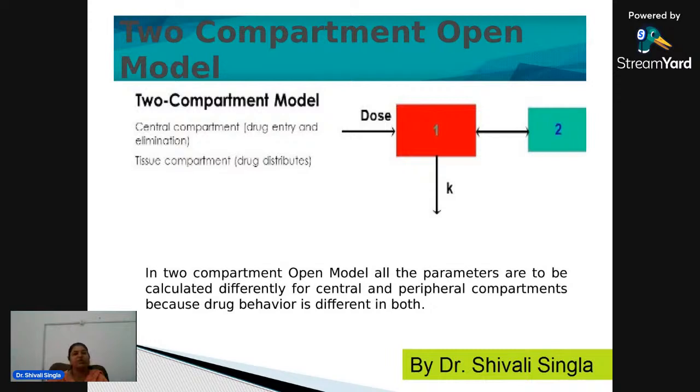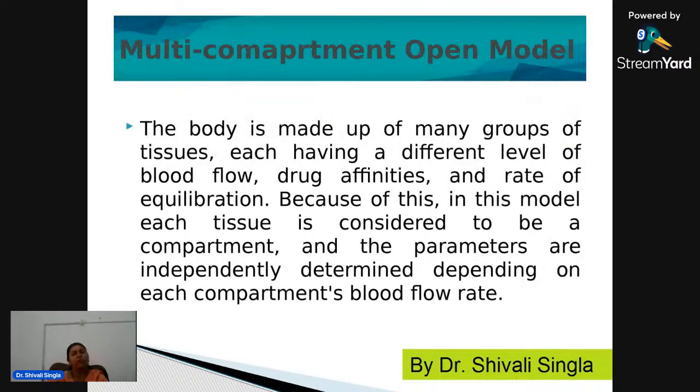Means here we have to calculate parameters for the second, peripheral compartment also, instead of calculating parameters only for blood circulation. Here in two compartment open model, all the parameters are to be calculated differently for the central compartment as well as for the peripheral compartment, because drug behavior is different in both of the compartments.